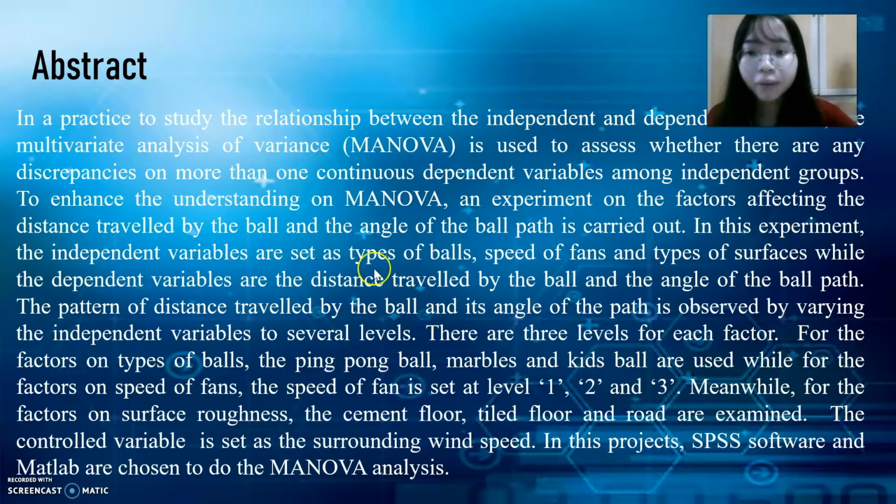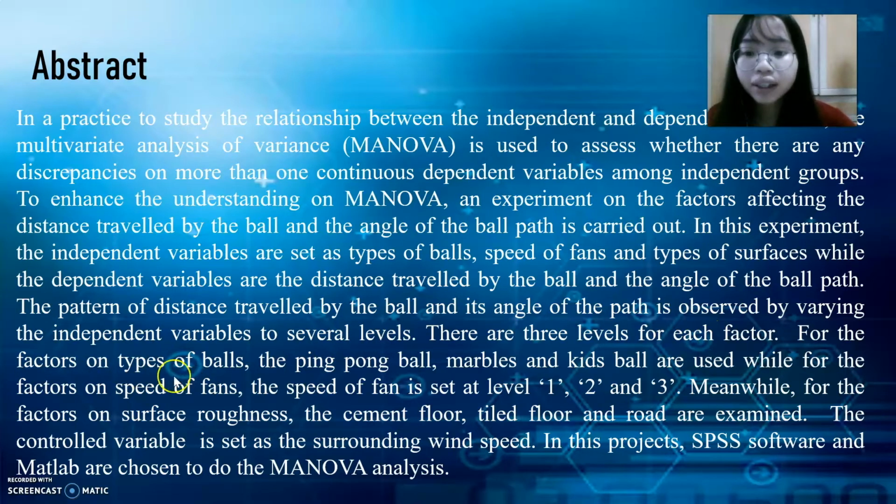In this experiment, the independent variables are the type of ball, speed of fan, and the type of surface, while the dependent variables are the distance traveled by the ball and the angle of the ball path. The pattern of the distance traveled by the ball and its angle of path is observed by varying these independent variables to several levels. There are 3 levels for each factor.